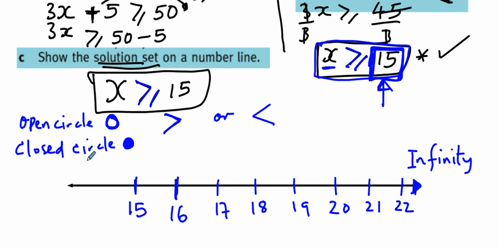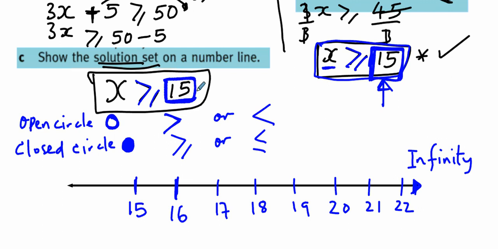And when it is greater than or equal to, or less than or equal to, we use a closed circle. Now, where do we draw either an open circle or a closed circle? We draw it at the number given.